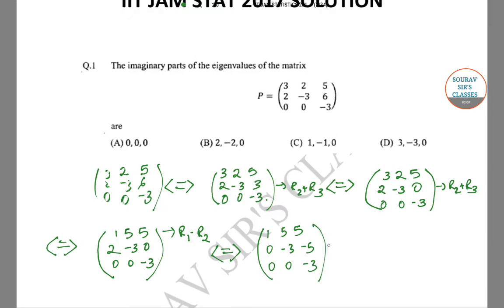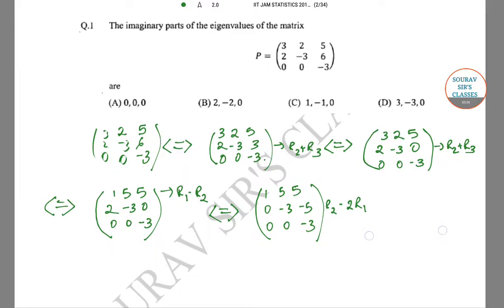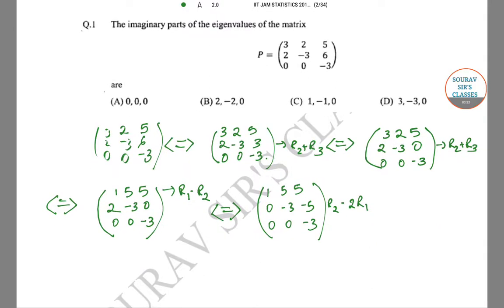This is just R2 minus 2R1 in place of R2. So after applying some transformations, we have been able to transform this matrix into an upper triangular matrix.